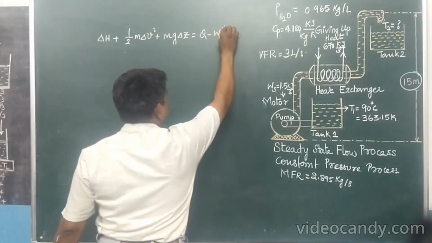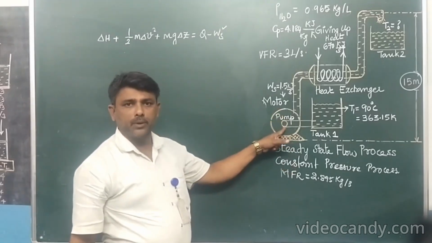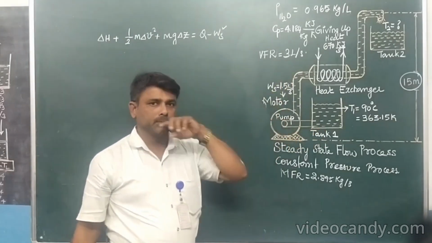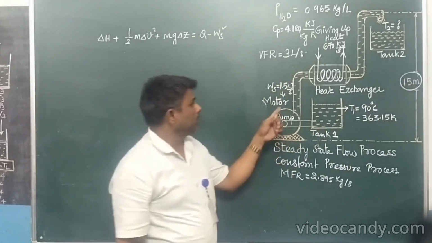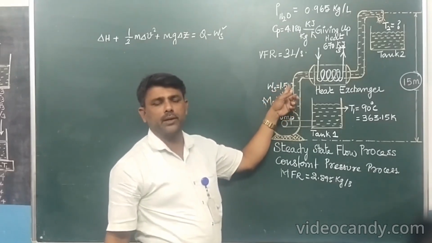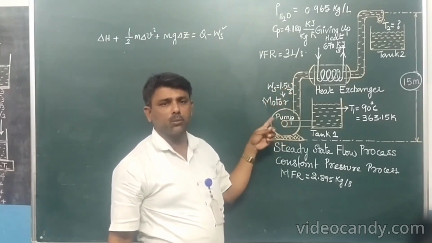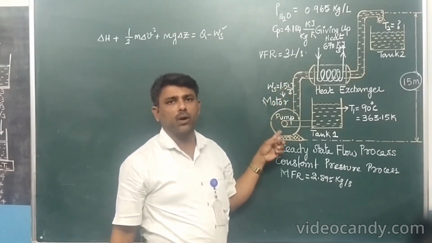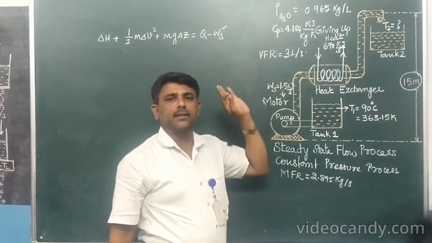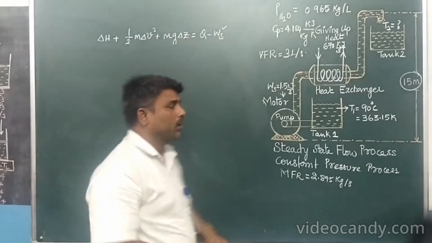Shaft work. See, a motor is used to pump the water from tank 1 to tank 2. The motor needs 1.5 kilojoules per second. This much quantity of energy is supplied to run the motor. So we understand that a certain amount of work is done on the system.